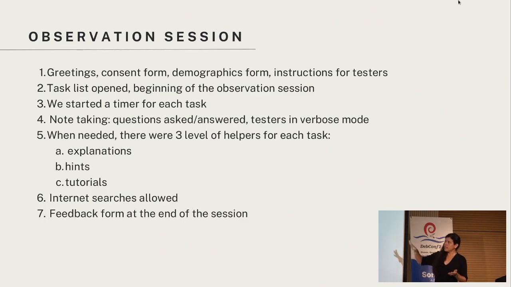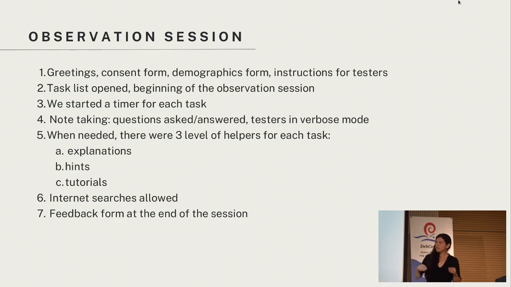Then, as they were going task by task, whenever needed, there would be 3 levels of help. So yes, we would answer questions, but the idea is that we also wanted a systematic way to give help so that we could keep track of it. The first level would be just an explanation, or a more verbose explanation of the task itself, but without many hints.